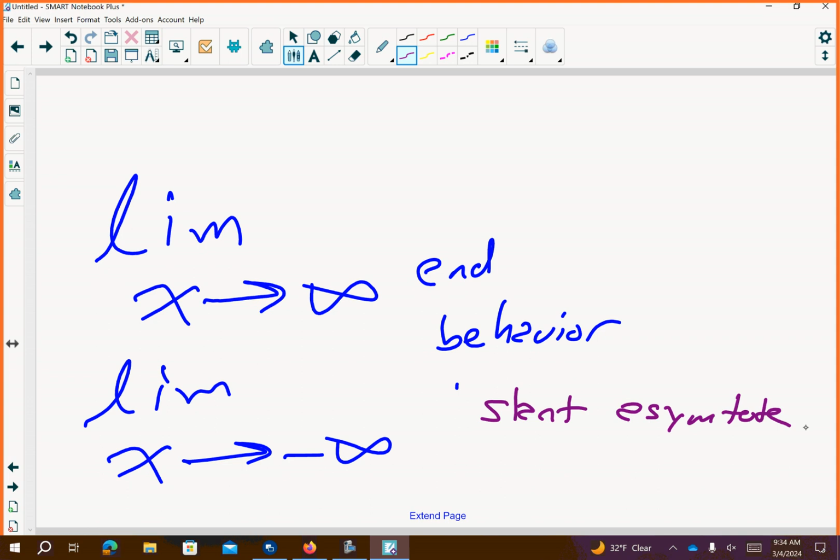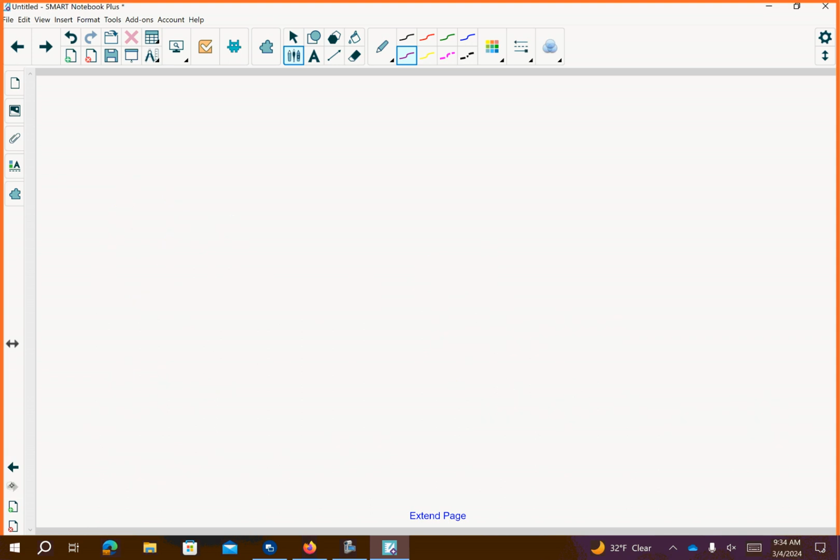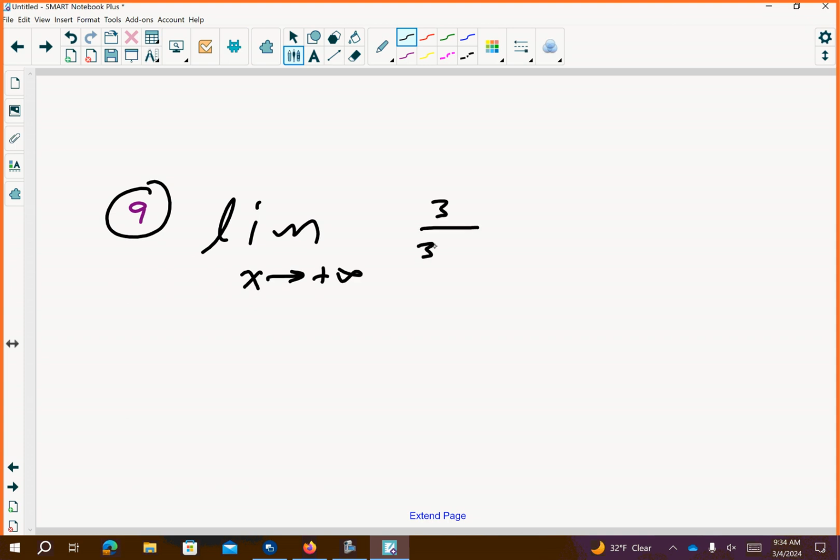What's hard about numbers 9, 10, 11, if you look at number 9 on that back page, we have the limit as x goes to positive infinity of 3 over x plus 1. What happens to this fraction?